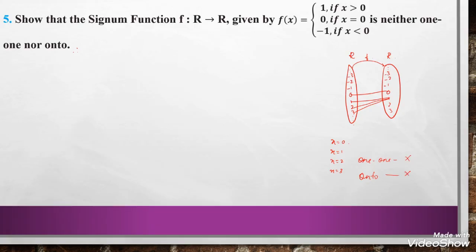Now, according to the definition, we have to prove the signum function is neither one-one nor onto. Let us consider a function f from R to R, where f of x is equal to 1 if x is greater than 0, 0 if x is equal to 0, and minus 1 if x is less than 0.